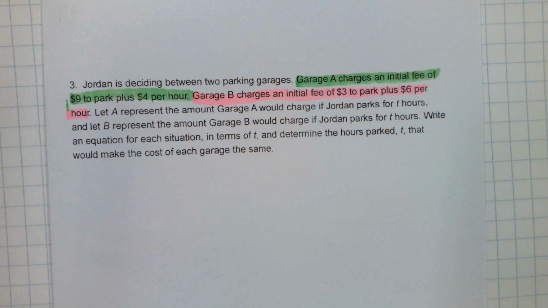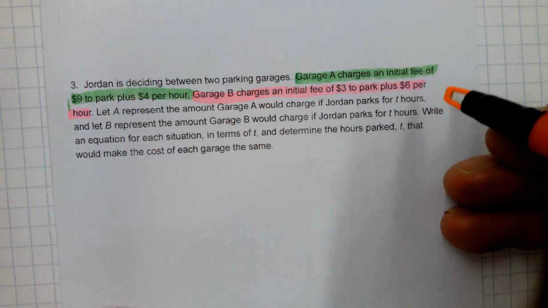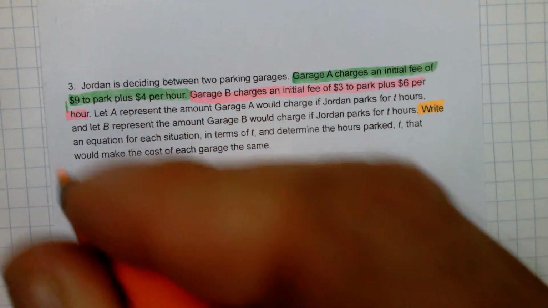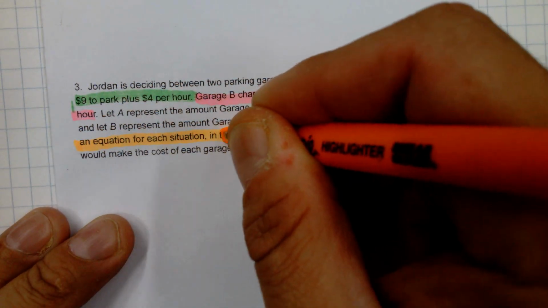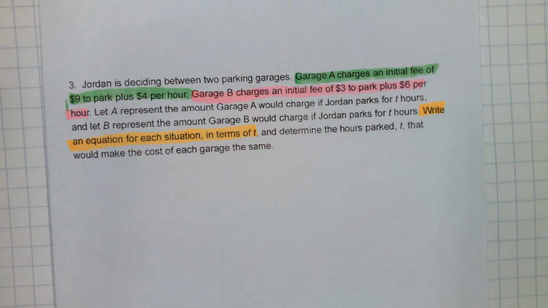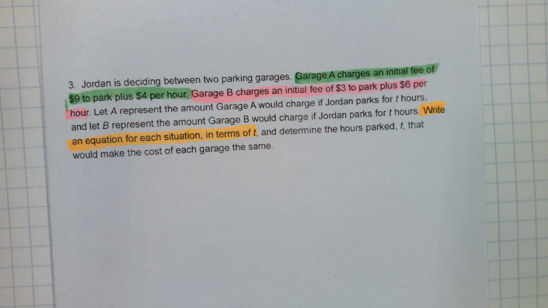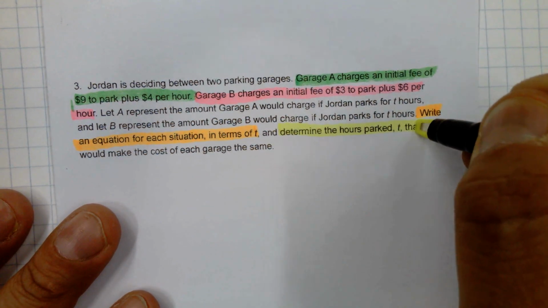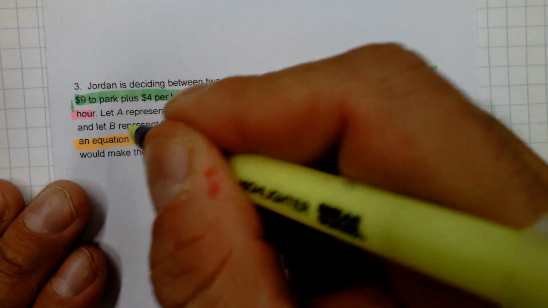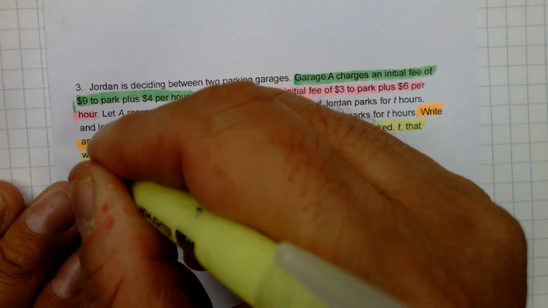Okay. And this is what we're asked to find. We got to do 2 things. Write an equation for each situation in terms of T. That's the first thing. And the second thing is determine the hours parked T that would make the cost of each garage the same.